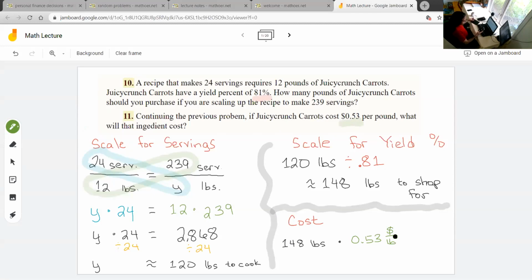And we get about $78.52. I don't care what we round to in this problem. That would very much be based on your restaurant's policy, not on the fact that the math says it's 0.518, so we round up to 0.52.